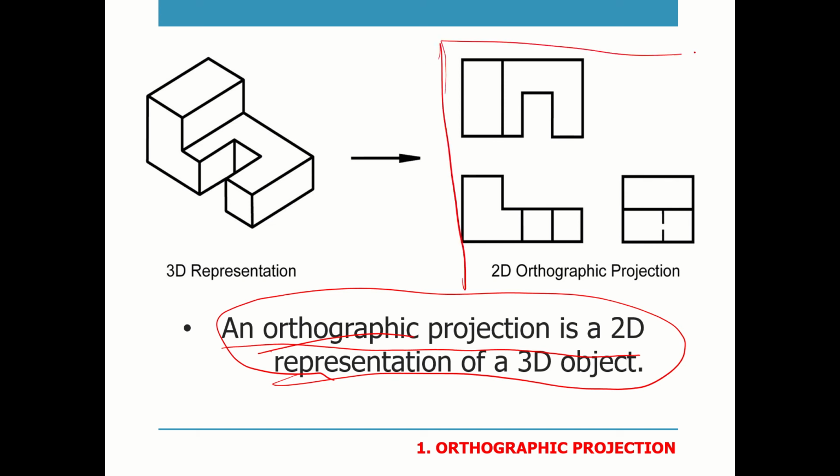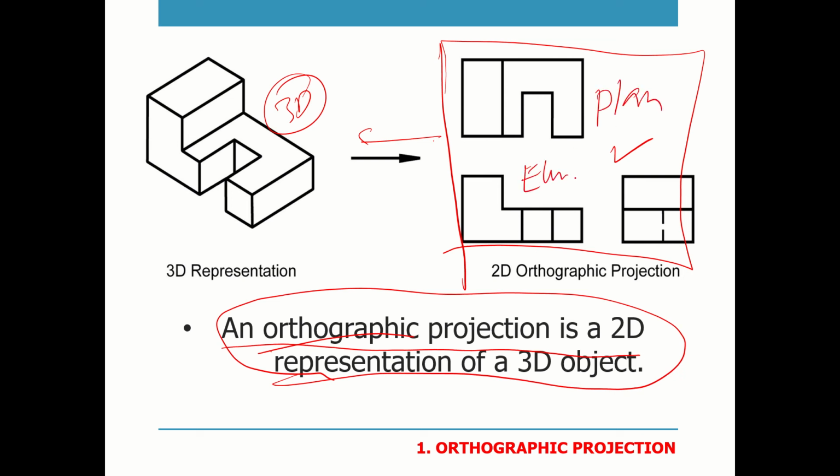You can see here, these are representations of the 3D object which you see here, right? These representations are called orthographic projections. So in layman's language, plan, elevations, when I say elevations, front, rear, side elevations, all the elevations that we draw for buildings are nothing but 2D orthographic projections.